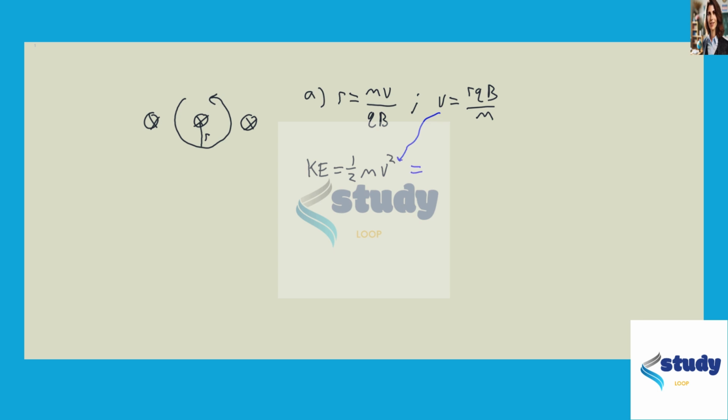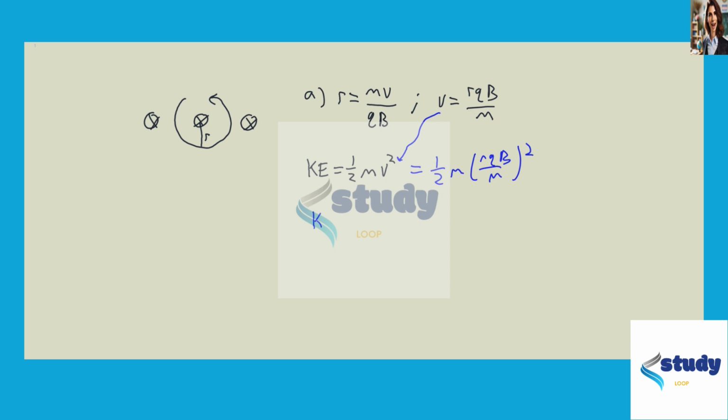we can see that our kinetic energy is 1/2 m times (rqB over m) squared. And one of these masses will cancel.